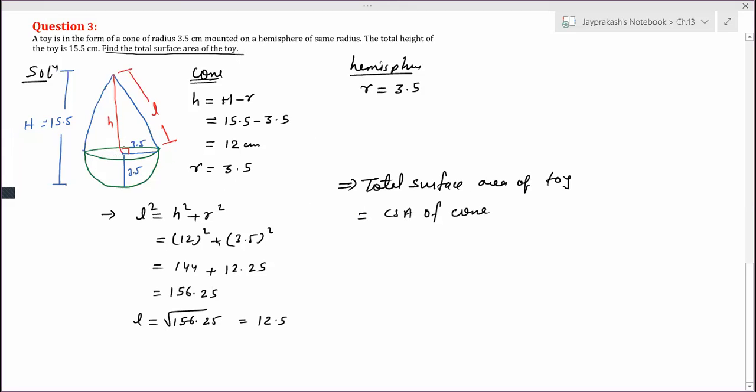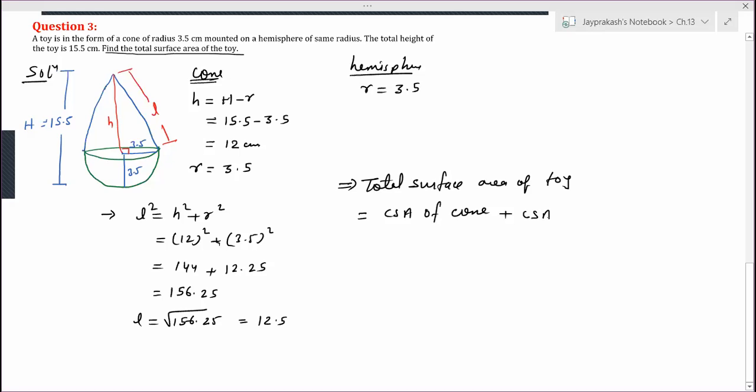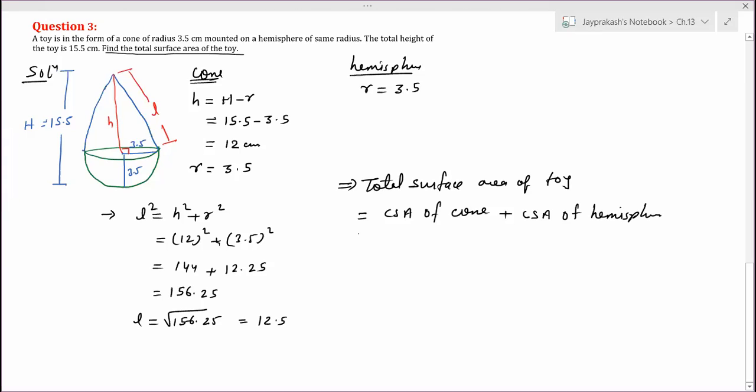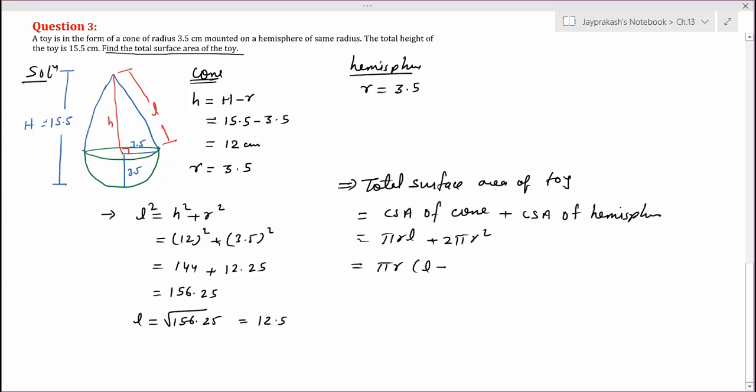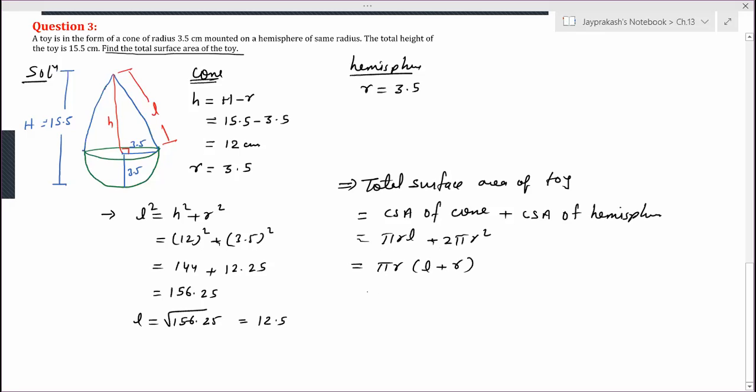Now just substitute the value of all the variables.